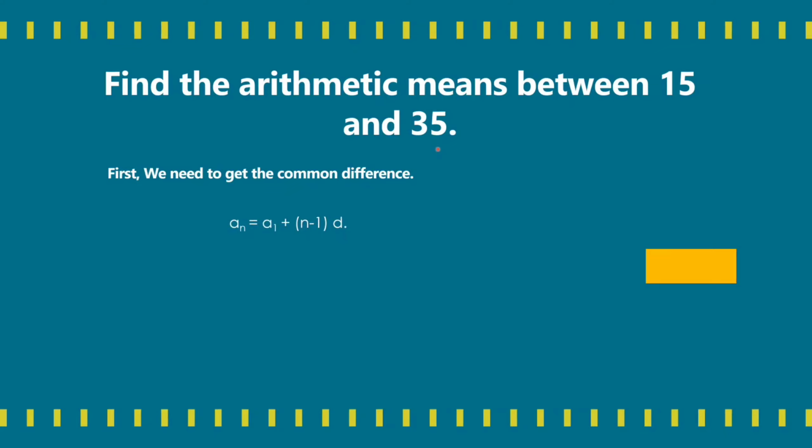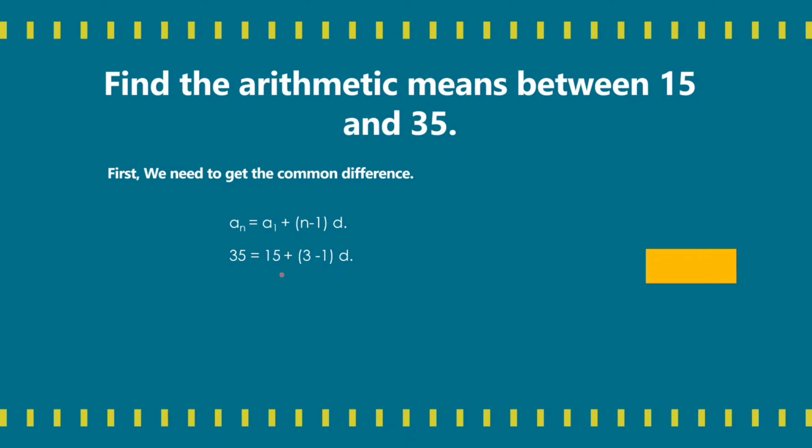Finding the common difference, we need to use the formula a sub n is equal to a sub 1 plus n minus 1 times d. In substitution, our last term is 35, our first term is 15, and our n, or number of terms, is 3. So our equation is 35 is equal to 15 plus open parenthesis 3 minus 1 close parenthesis times d.